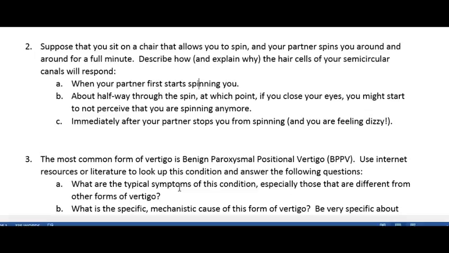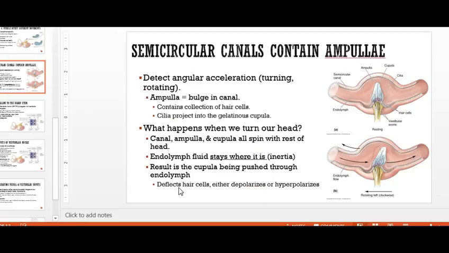What should happen in this part B here that I'm describing, where maybe you don't even necessarily completely realize you're spinning at all anymore? What's happening inside your semicircular canals? Did you figure this out? What do you think? Yeah, so at this point, you're spinning, and you're spinning, and eventually, the endolymph is going to start spinning with your semicircular canal. So your canal is moving still because you're still spinning, but the fluid starts moving at the same speed as the rest of the canal.